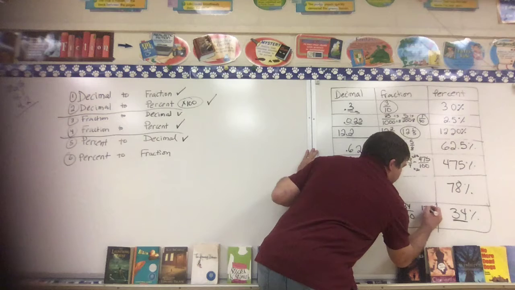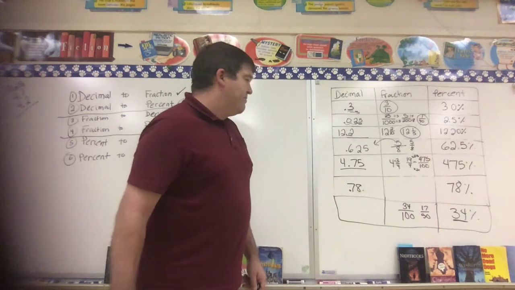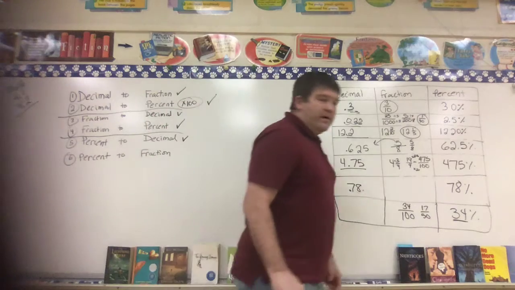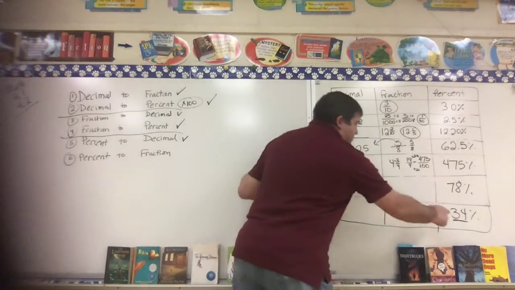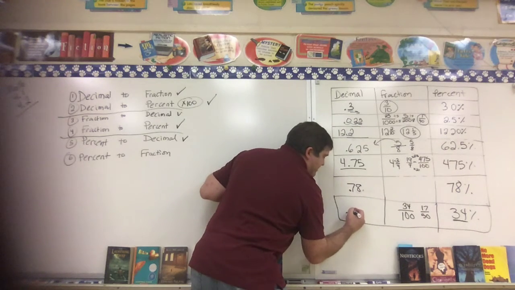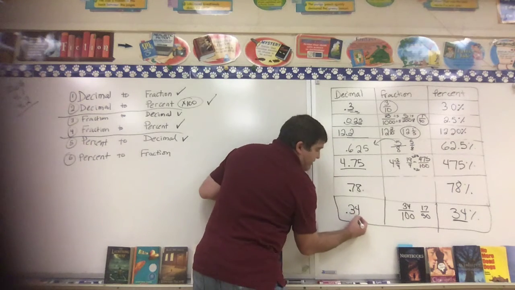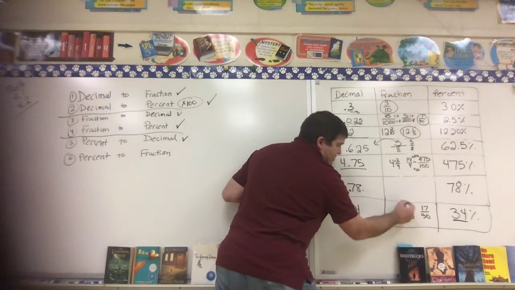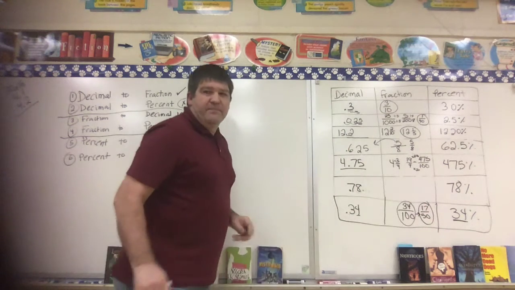And this one you can divide by 2, 17 over 50. Okay. Or you could go from here to here. So 34% is also, I move the decimal over 2, 0.34. And then this would be 34 hundredths, which is the same there. I simplify to get that.